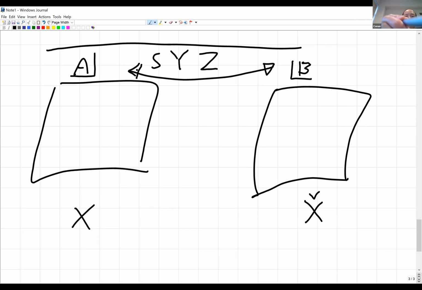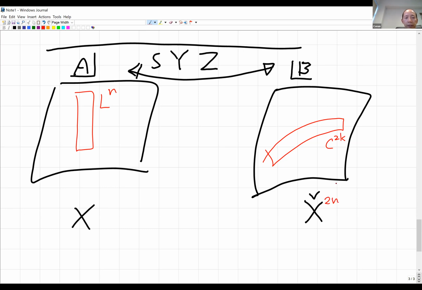For example, you look at this kind of complex cycles, as I just mentioned earlier, that should correspond to some Lagrangian cycle. These are always dimension n, these are dimension 2k. Okay, these are complex dimension n. Okay, both are complex dimension. And these two should be related to each other.